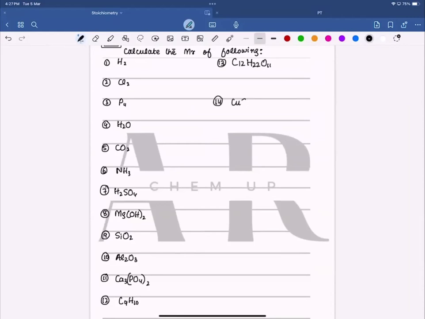Then 14 is CuSO4 dot 5H2O. And 15 is magnesium nitrate, Mg(NO3)2.